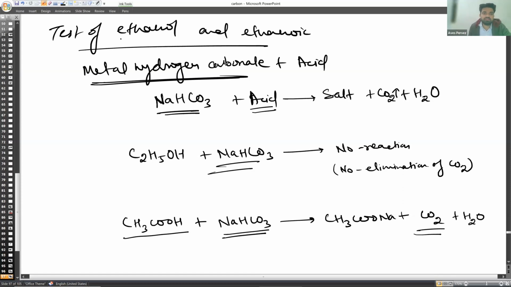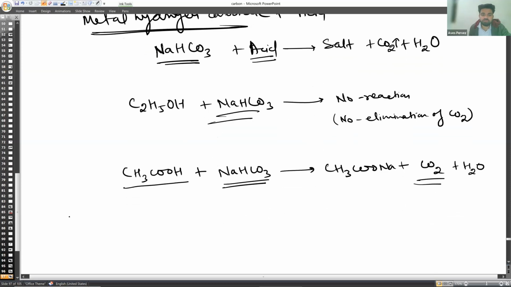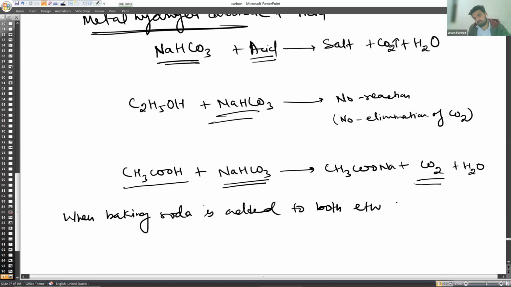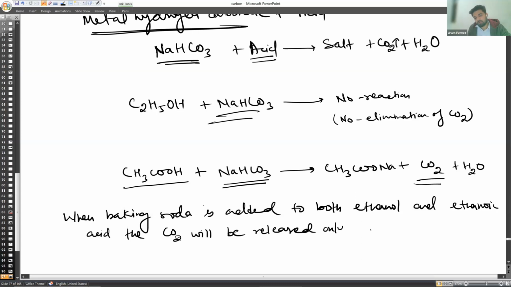Note this: when baking soda is added to both ethanol and ethanoic acid, CO2 will be released only in what? Only in ethanoic acid. Got it?